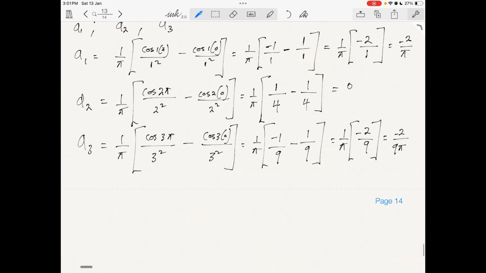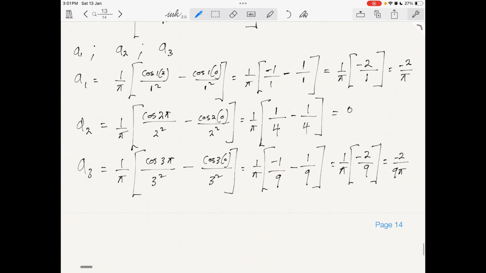Now if you continue further to evaluate a4, a5 as well as a6, we will see that a4 is equal to 0, a5 will be minus 2 over 25π, and a6 will be 0.